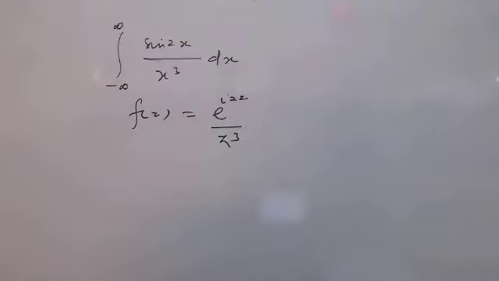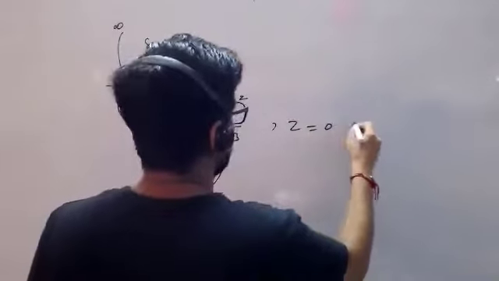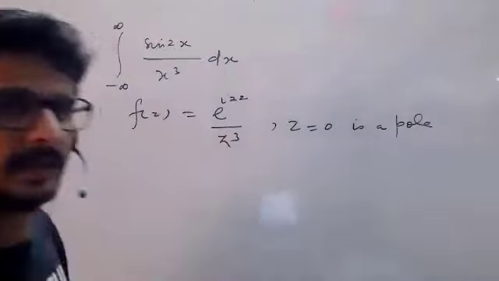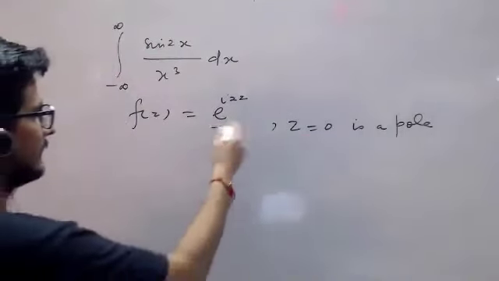Is that okay? And z equal to 0 is a pole lying on the real axis. And what is the residue about this?